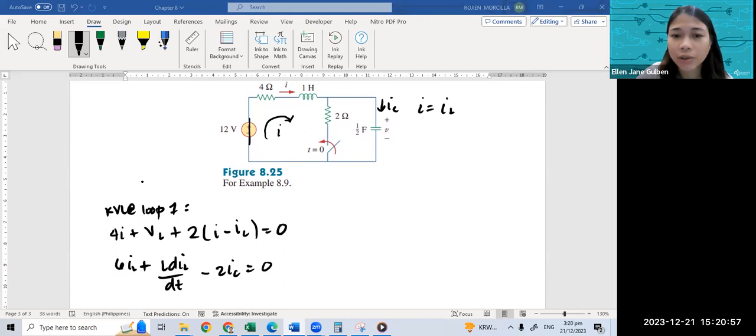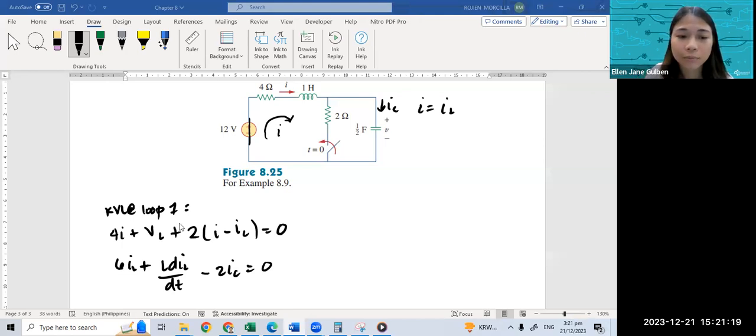So 4I is a voltage plus VL plus 2 times I minus the IC, which is the opposite current that is going through the 2 ohms resistor.